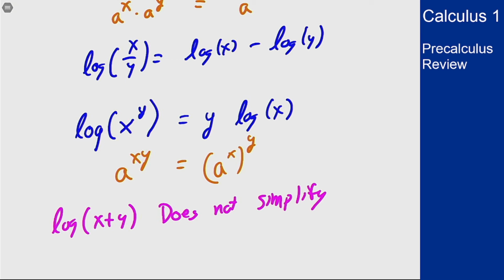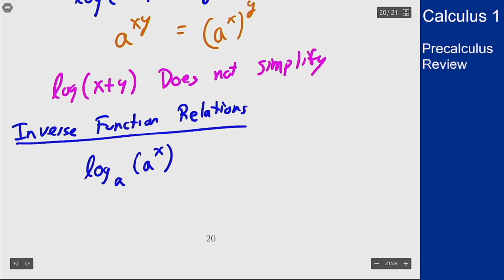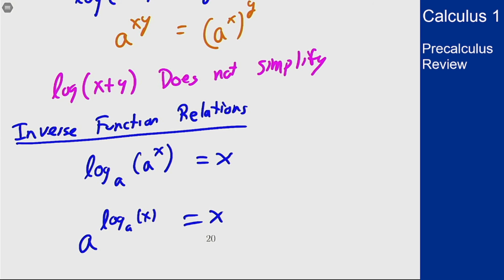And the last that tend to cause people issues with this are the inverse function relations. These are the relations that look like log base a of a to the x and a to the log base a of x. In both cases, these are x. The first one seems pretty straightforward because that's how the logarithm is defined.